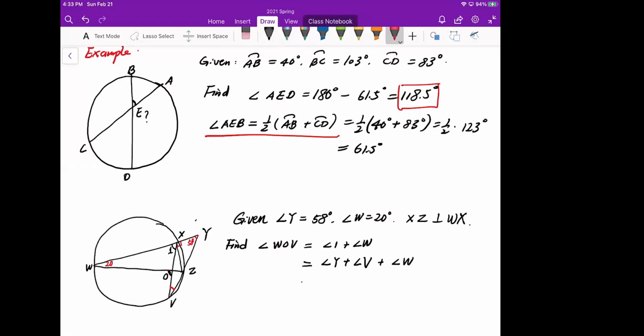And I know that angle Y is equal to 58 degrees, and angle W is 20 degrees. But my question is, what is angle V? Can someone hear me? What is angle V?